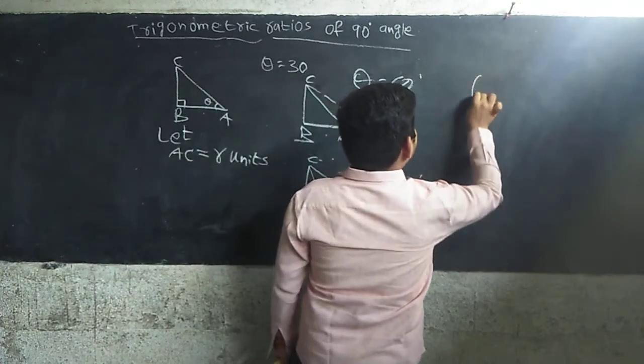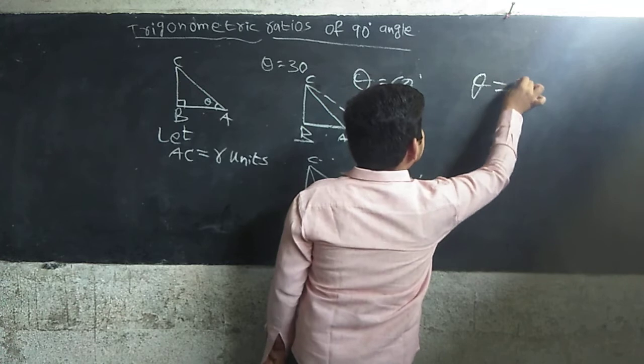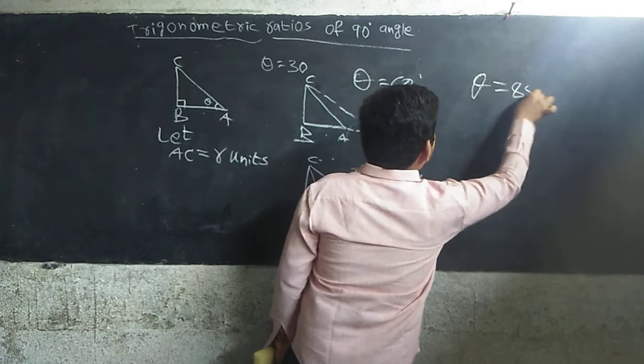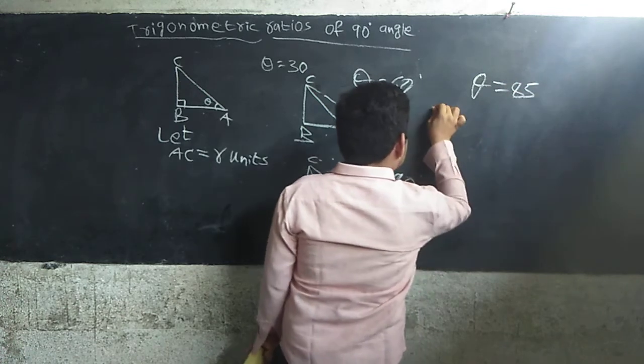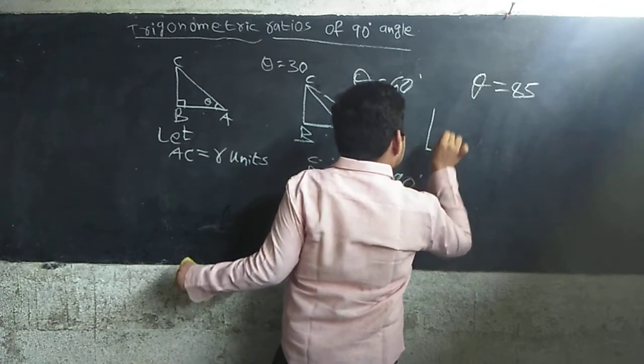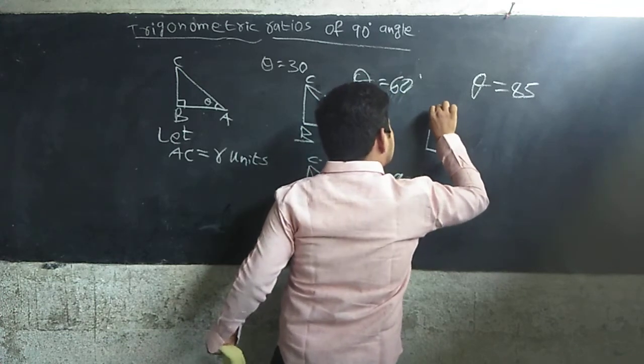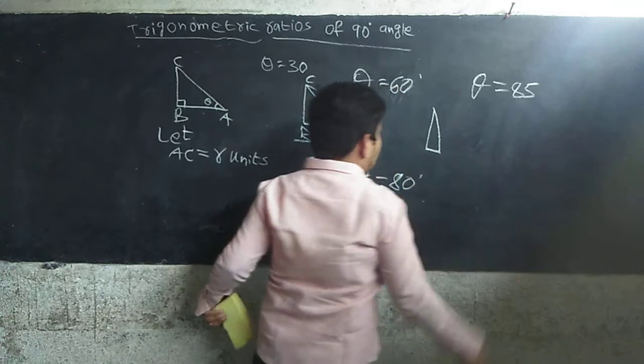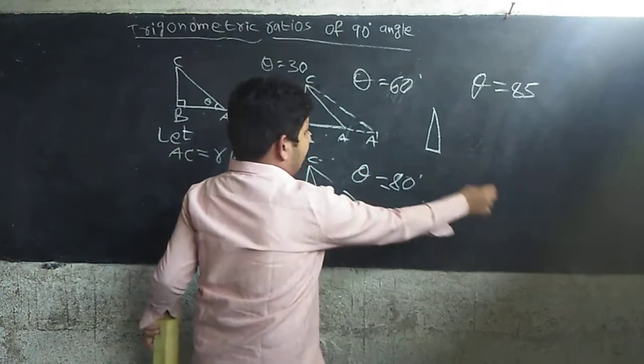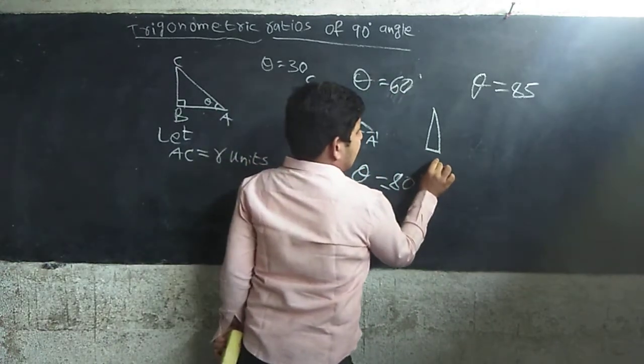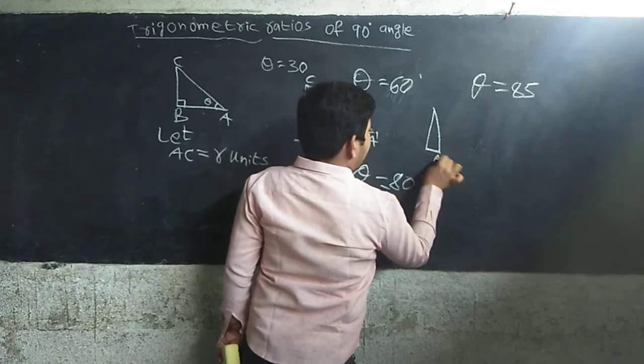If theta equal to 85 degrees, then the point A will come even nearer to the point B.